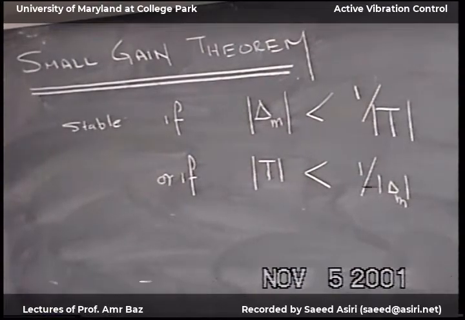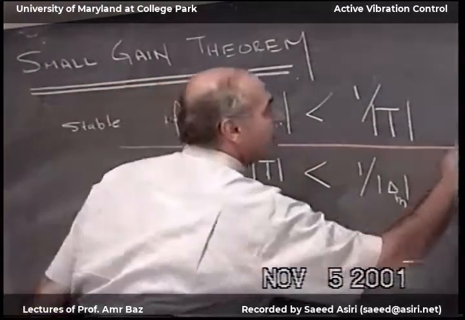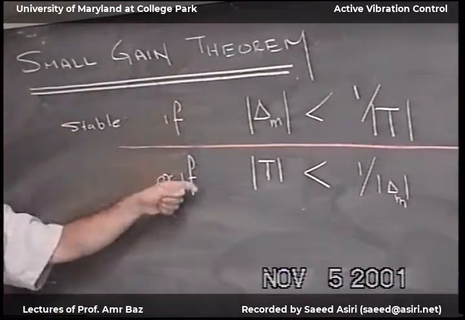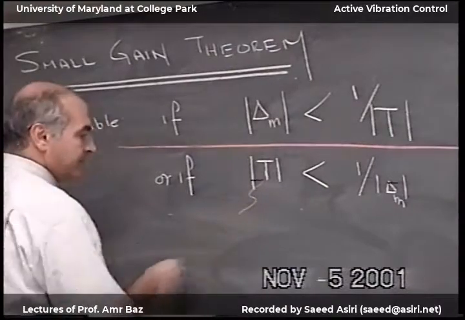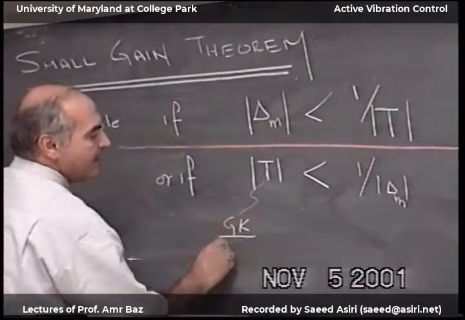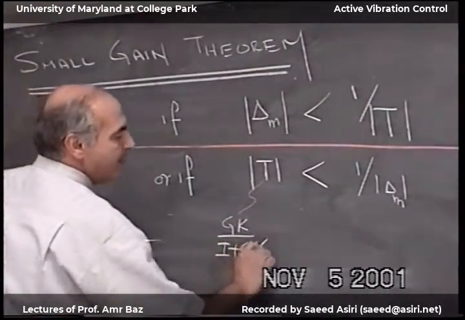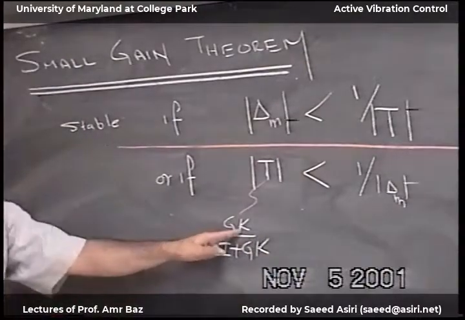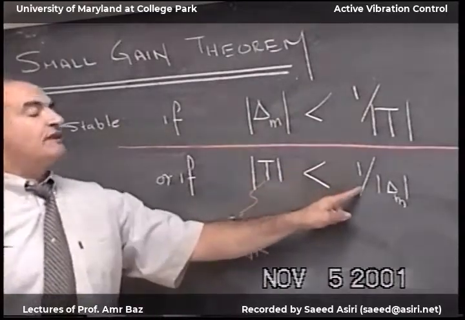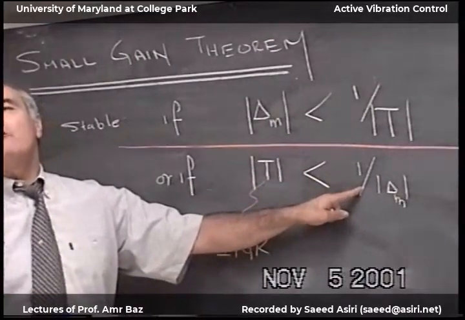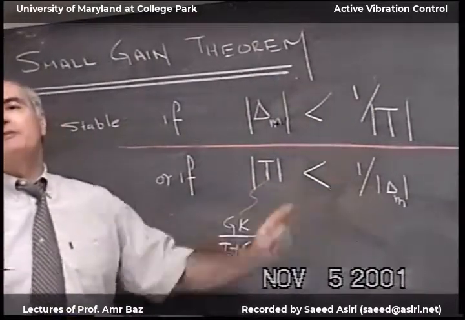And we said that this distinction gives us two options. Again, remember the T is GK over I plus GK. I want to select the control gain to satisfy certain uncertainty or certain bounds on the uncertainty of the model.